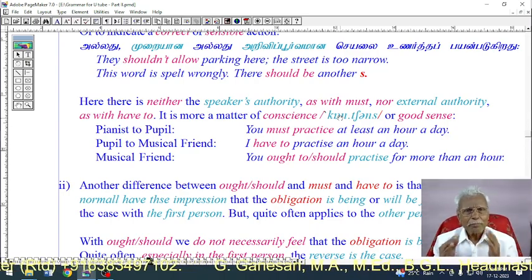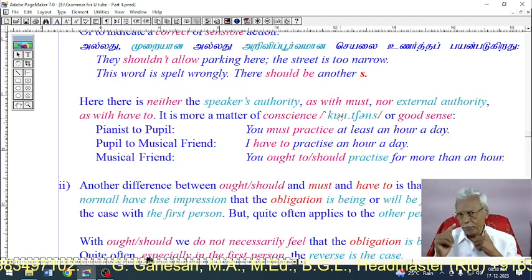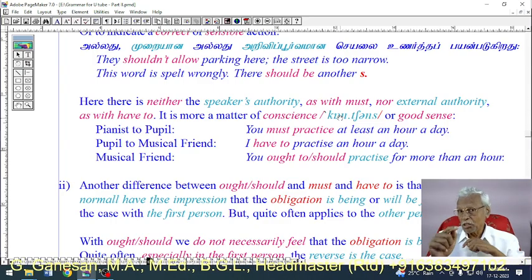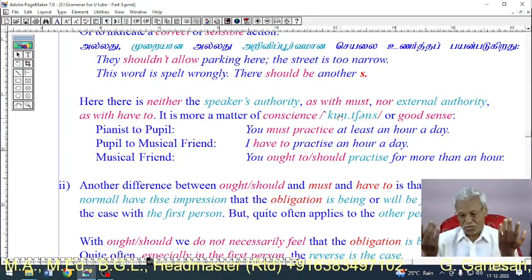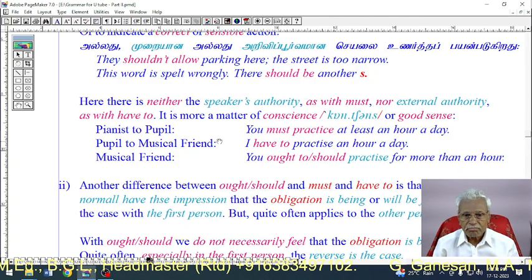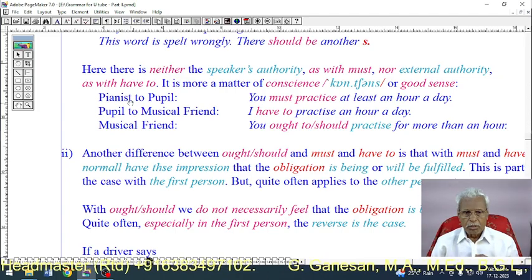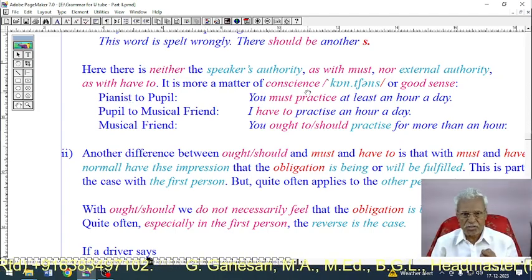You are like parrots. Regarding the English language, people are speaking it, repeating the pronunciation like a parrot, receiving it from others. You see here: it is more a matter of conscience.